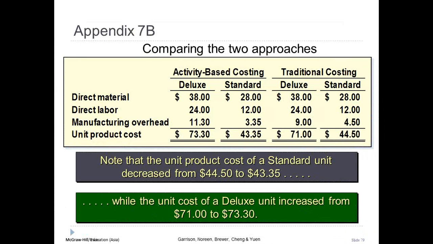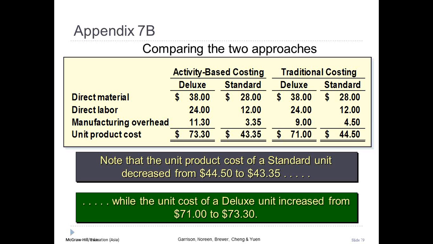So in the case of Simmons Industries, comparing the two approaches, what do we see? The difference in unit product costs between the two methods are shown here. The ABC unit product cost for the Deluxe product line is higher, versus lower for the Standard, than what was computed using the traditional cost system. And this is because of two reasons.